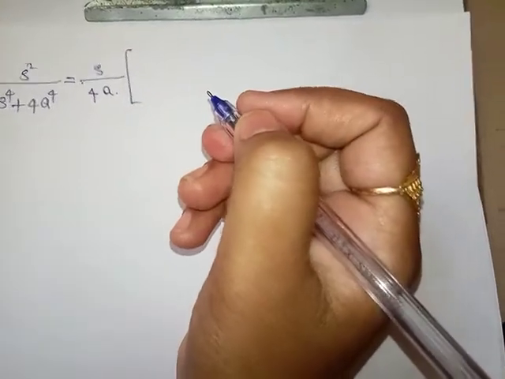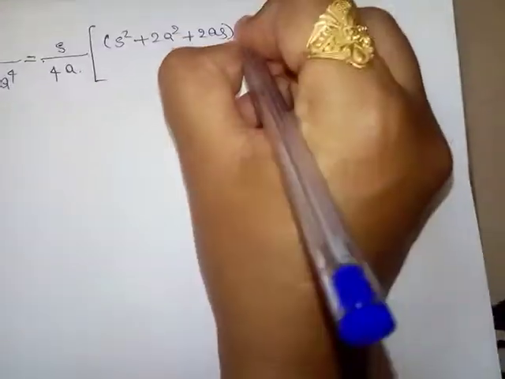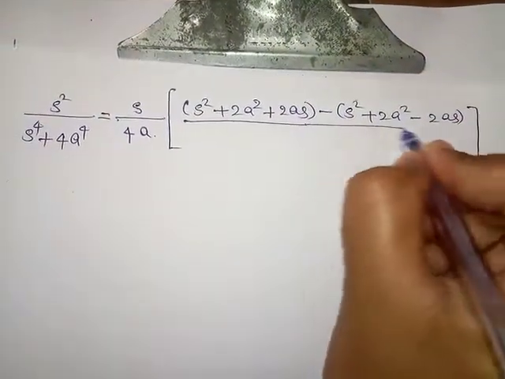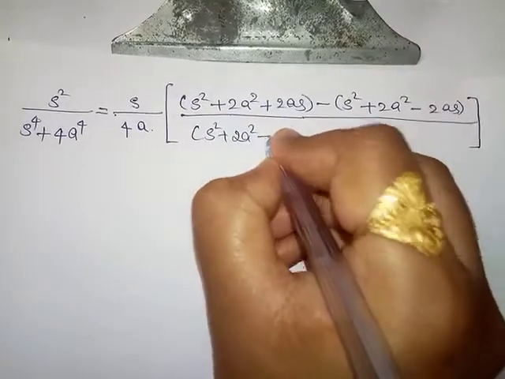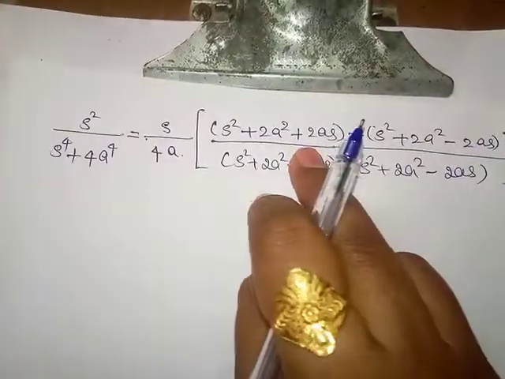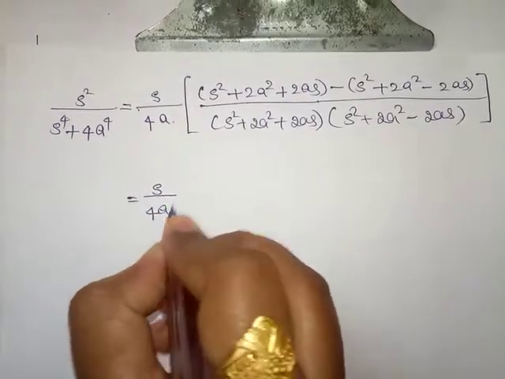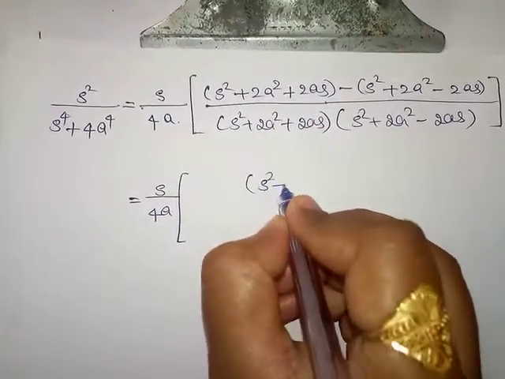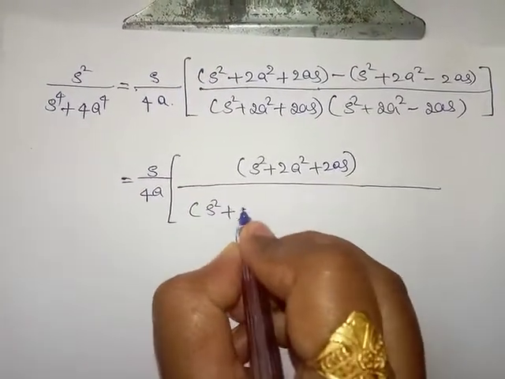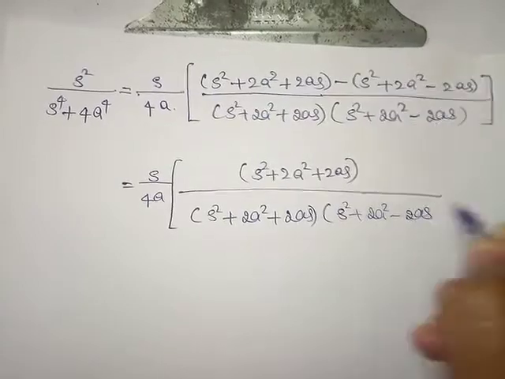I will write in place of 4as: (s² + 2a² + 2as) minus (s² + 2a² − 2as), divided by (s² + 2a² + 2as) into (s² + 2a² − 2as). In the numerator I have two different terms, so I will separate those terms. s divided by 4a keep as it is, (s² + 2a² + 2as) divided by (s² + 2a² + 2as) into (s² + 2a² − 2as).